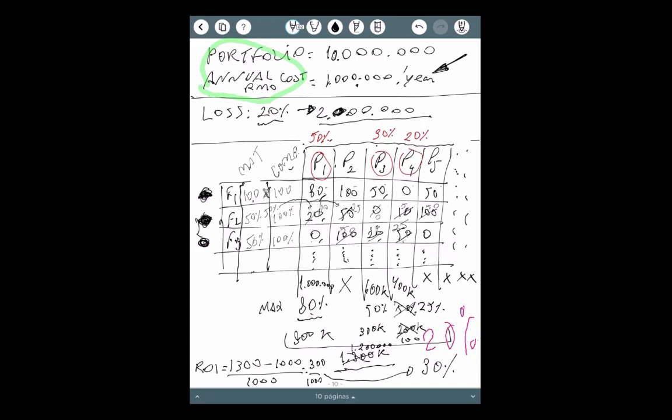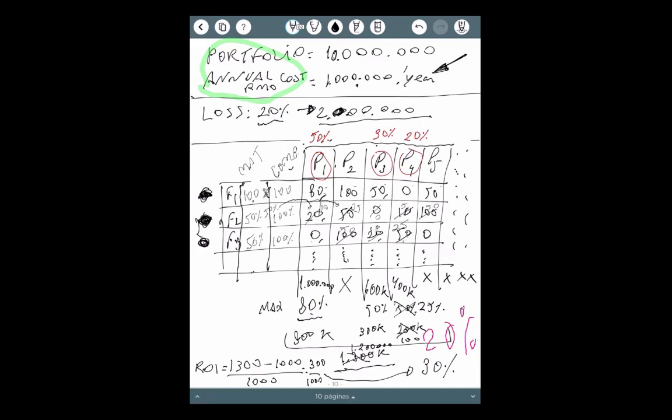Look what I'm saying. If you have a very small portfolio, of course, your loss will not be very high too, because your portfolio is small, right? So possibly the potential of recovering of your PMO will not be enough to pay the cost of your PMO because your portfolio is too small.